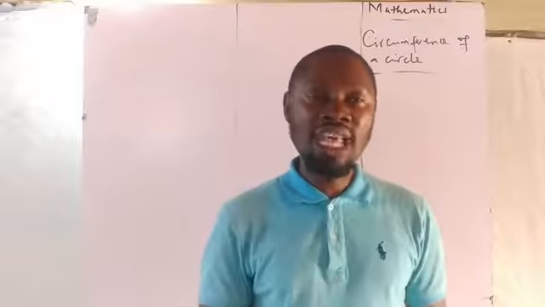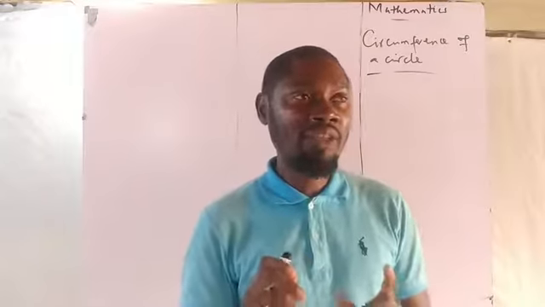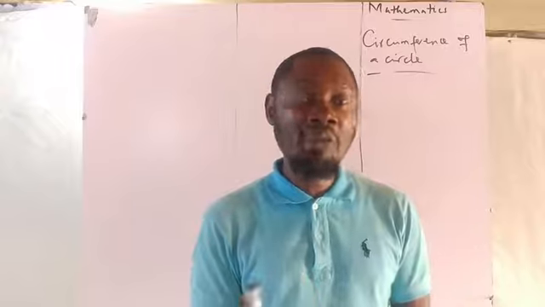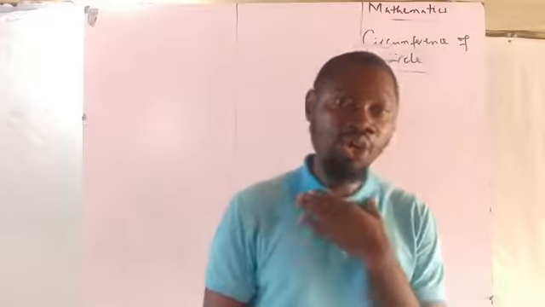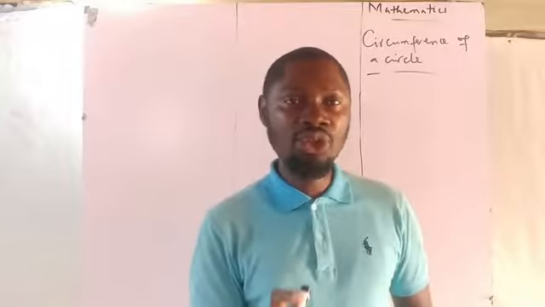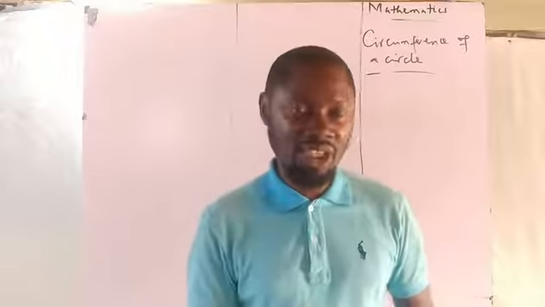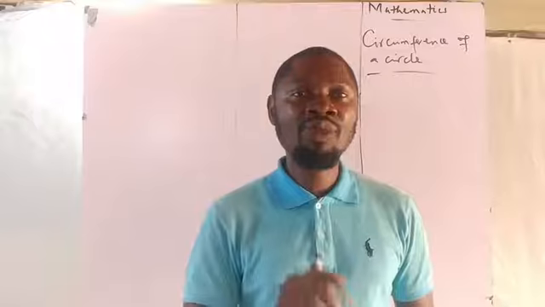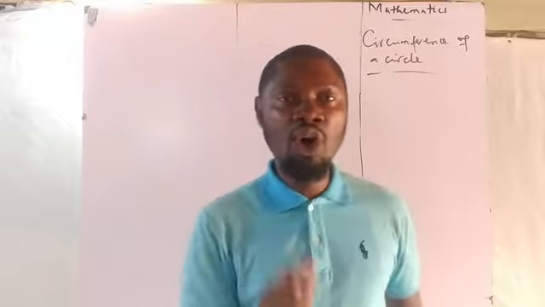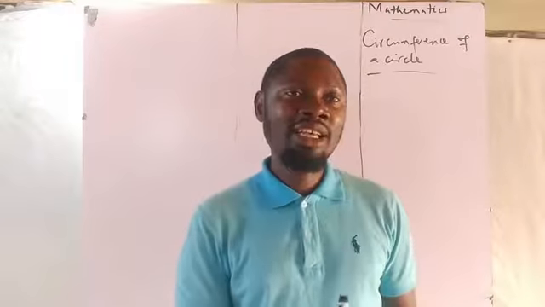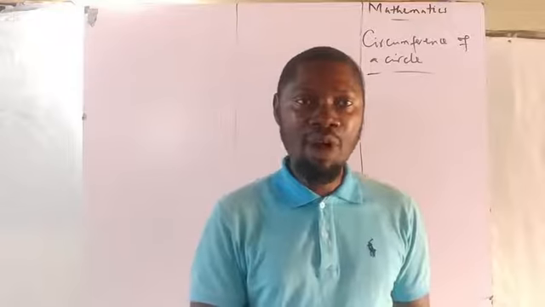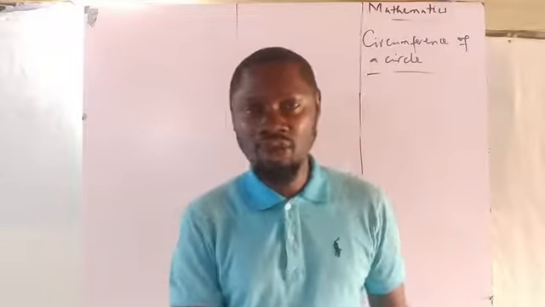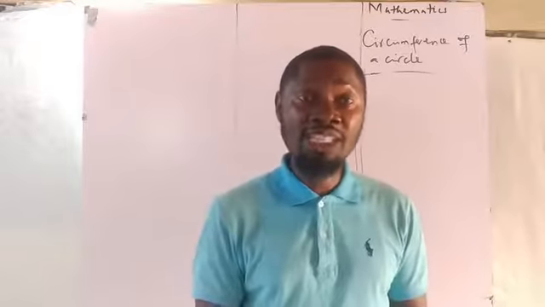I also said that the sign pi is a Greek symbol, fully in use in the 17th century. It was introduced by William Jones in 1706, and Leonhard Euler also adopted that symbol in 1737 in his work.